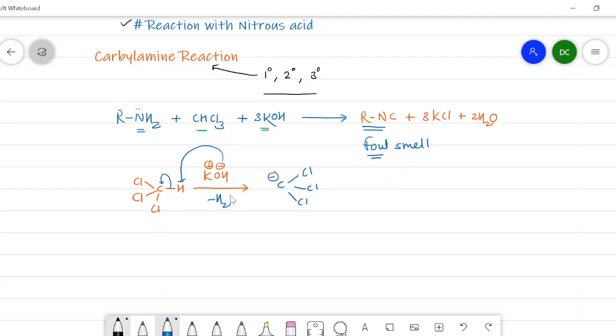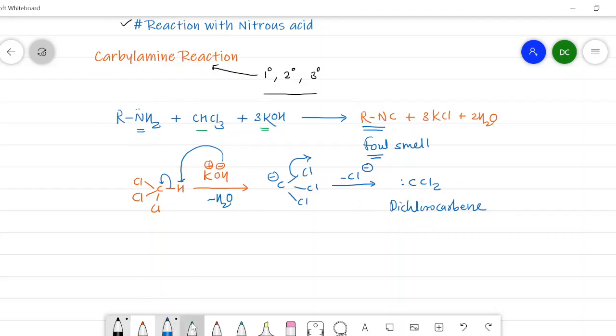A water molecule is removed. Then in the next step, one of the chlorine is eliminated, so that here there is a removal of Cl minus, and carbon is attached to the 2 chlorine and it has 2 electrons on it. So it is called as a dichlorocarbene. Then this dichlorocarbene reacts with the primary amine to form a isocyanide.